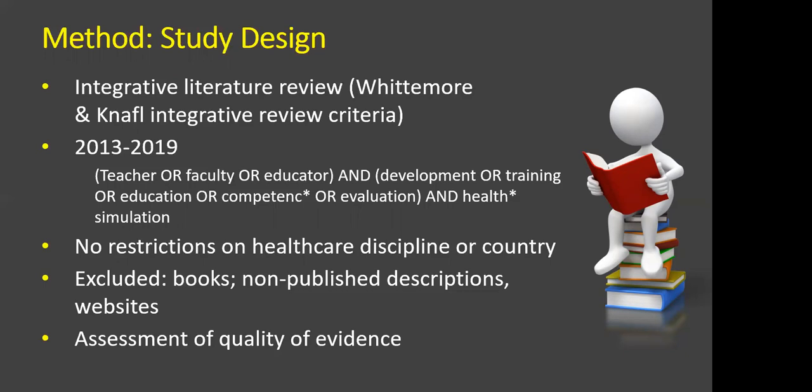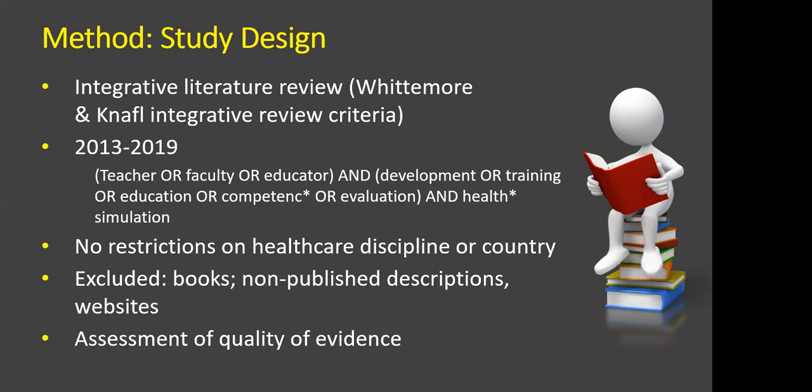You can see the keywords that we used to try to capture this. We looked at teacher, educator, faculty, competency, evaluation, development, and health simulation. We didn't want to put any restrictions on healthcare disciplines, so we looked across all different disciplines and countries. We wanted to have a global view of what's published out there.